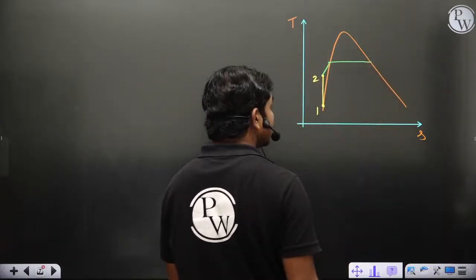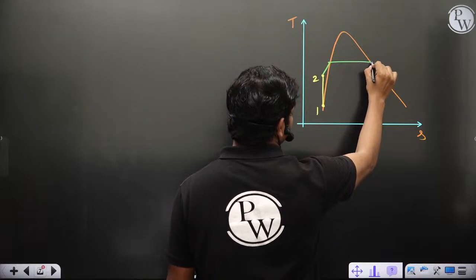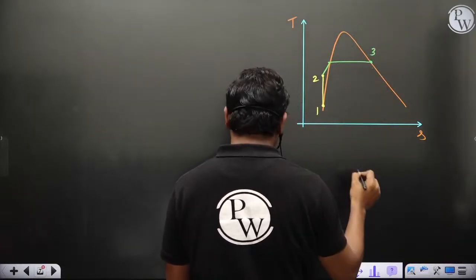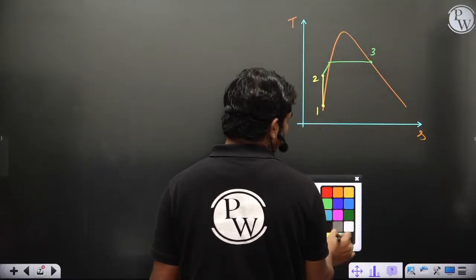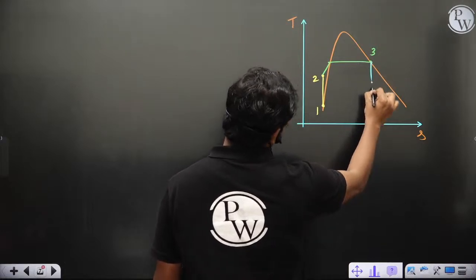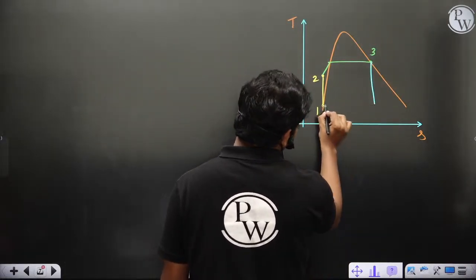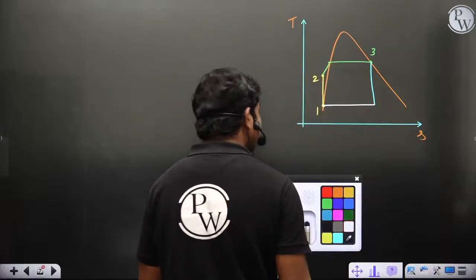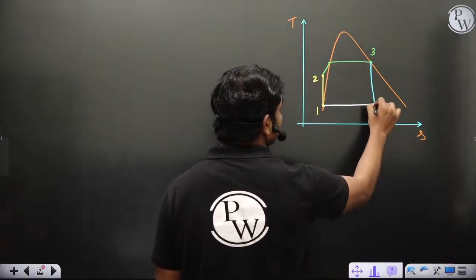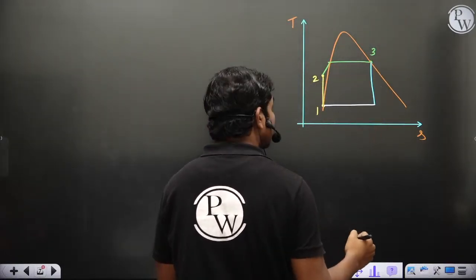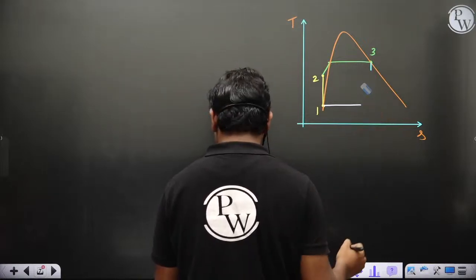Okay, here they told it's heated only up to this point. Then 2 to 3, after that, you expect it to be isentropic expansion, which is something like this. I think I have done isentropic already. Let me just keep this line straight.